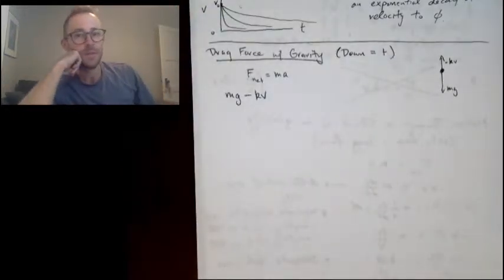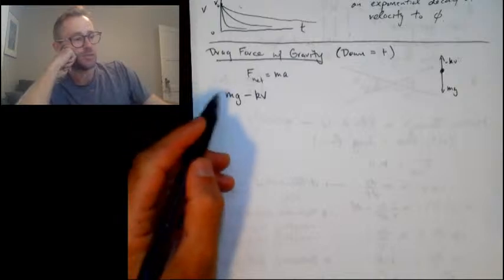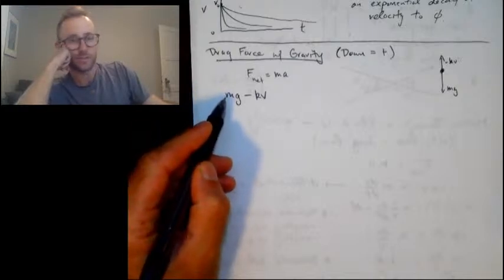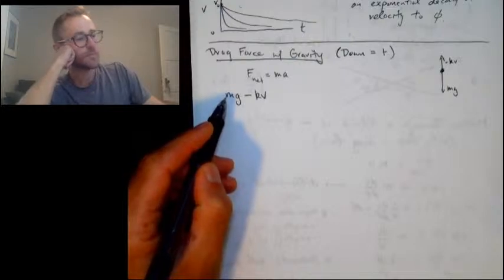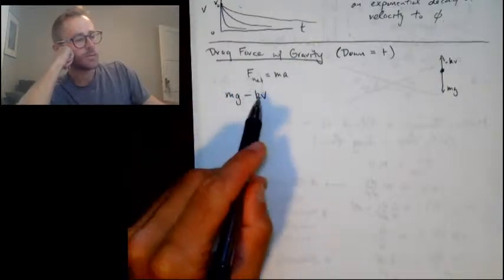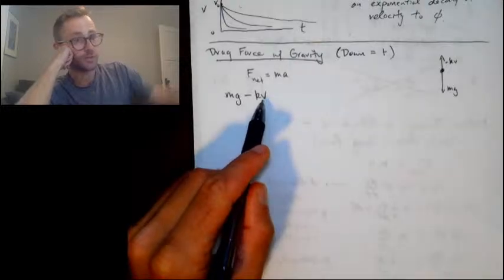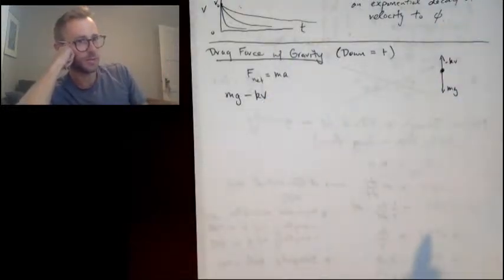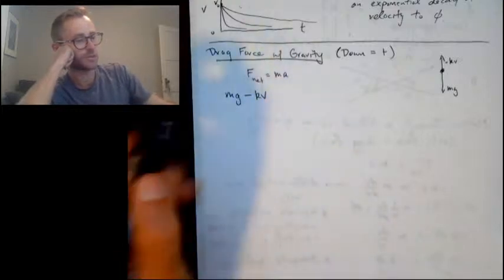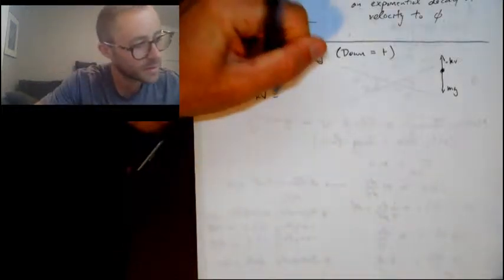Remember, I am choosing downward to be positive. If the velocity is positive, meaning that it's going downward, then the drag force is going to point upward. It's going to be oppositional. That's why there's this minus sign there.